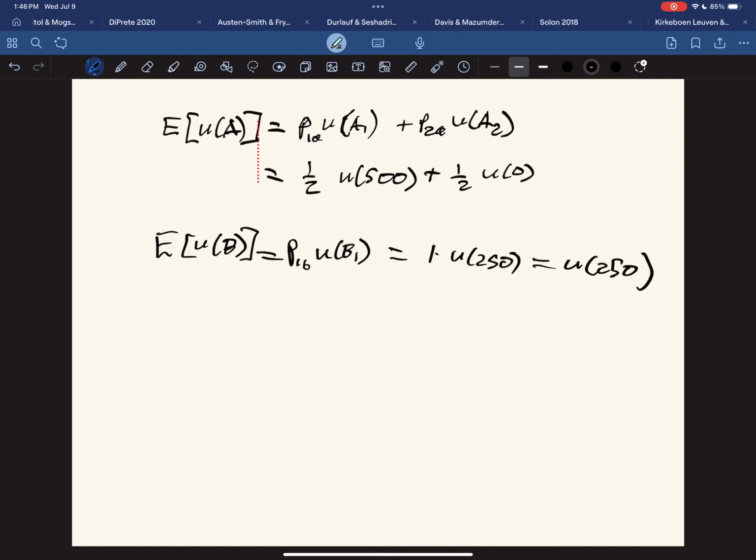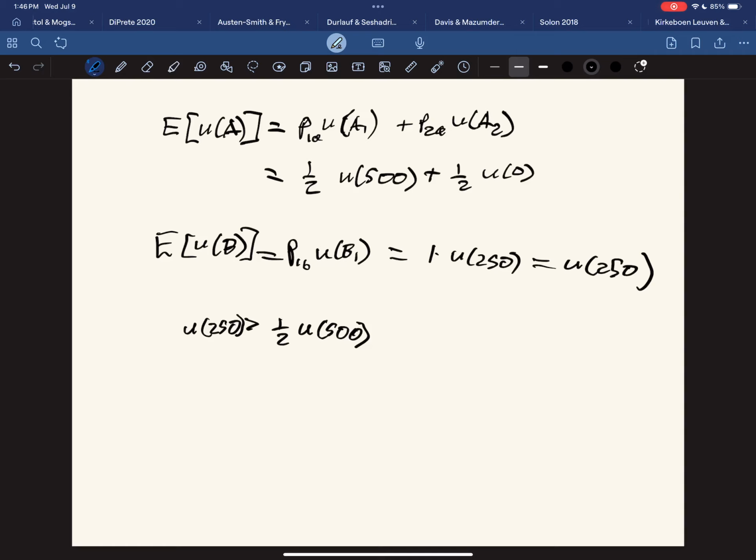So let's see which of these is greater. We have U of 250 is going to be greater than 1/2 times U of 500, right? Because that first $250 is worth more to you. Going from $0 to $250 is worth more to you than going from $250 to $500.